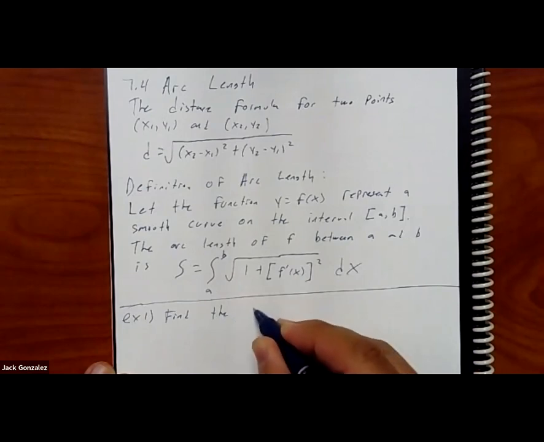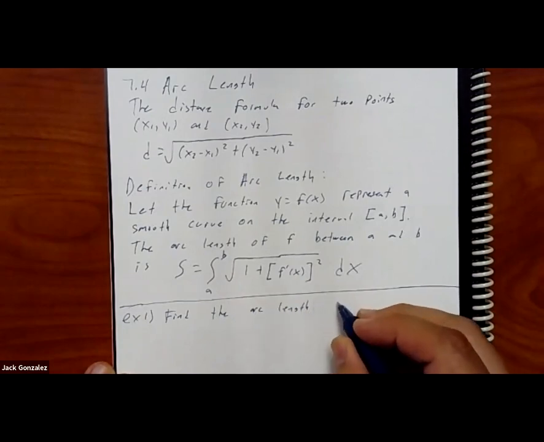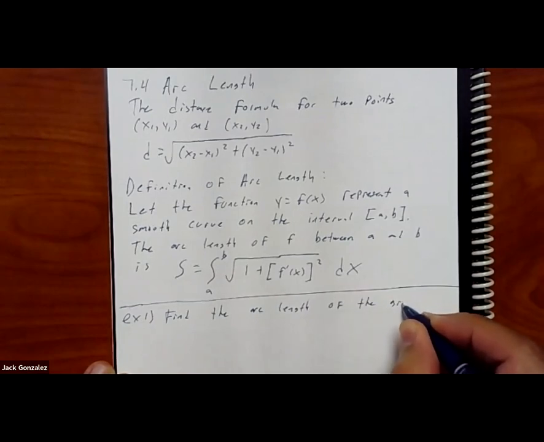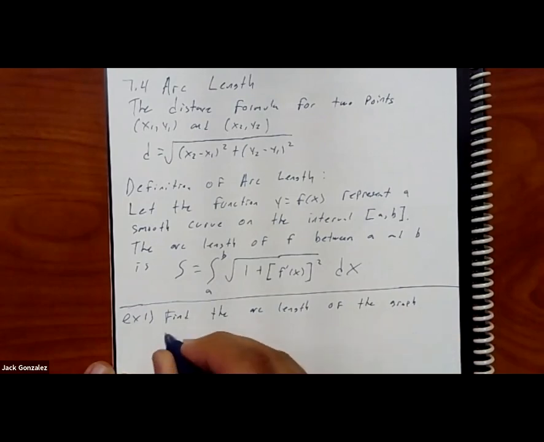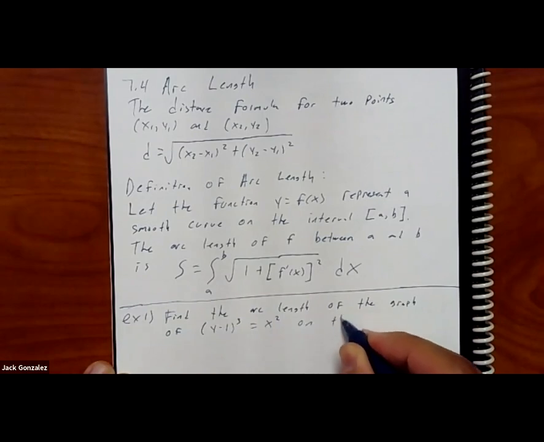Find the arc length of the graph of y minus 1 cubed equal to x squared on the interval.